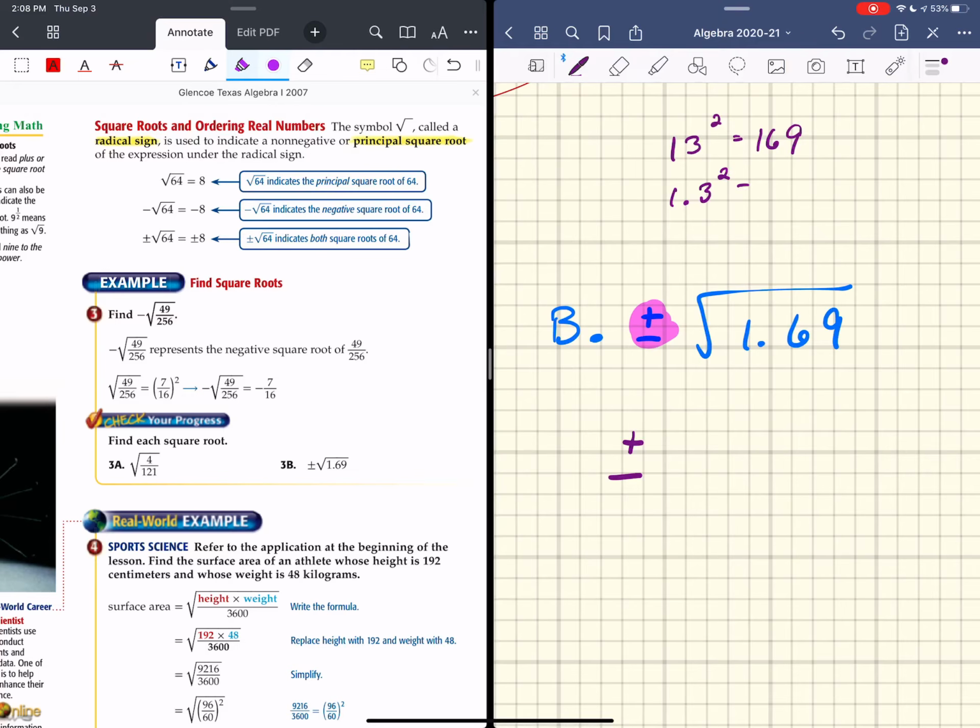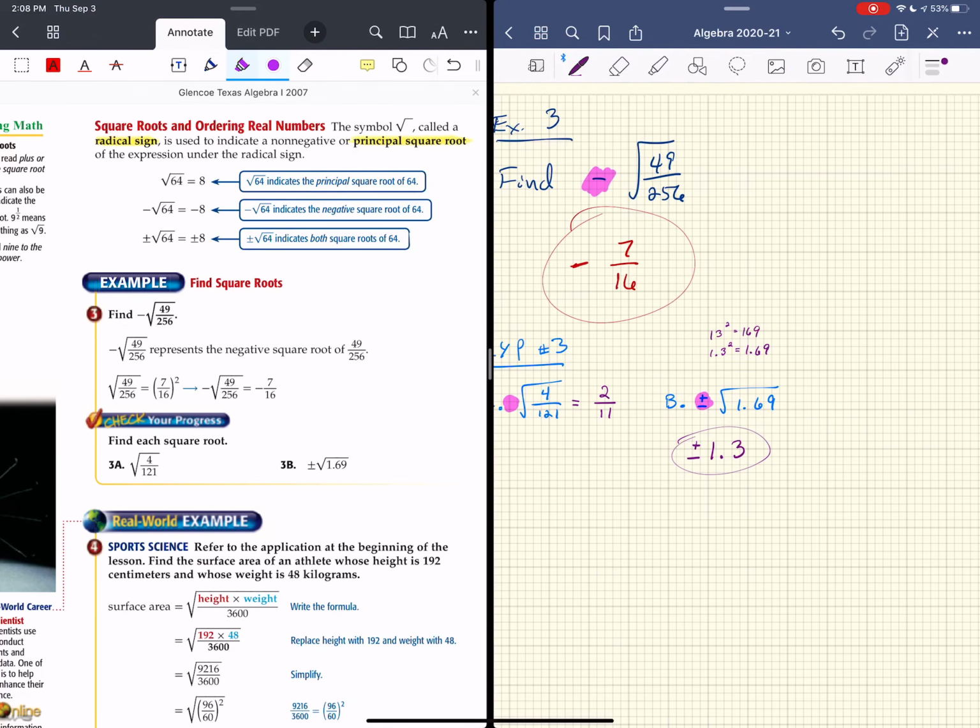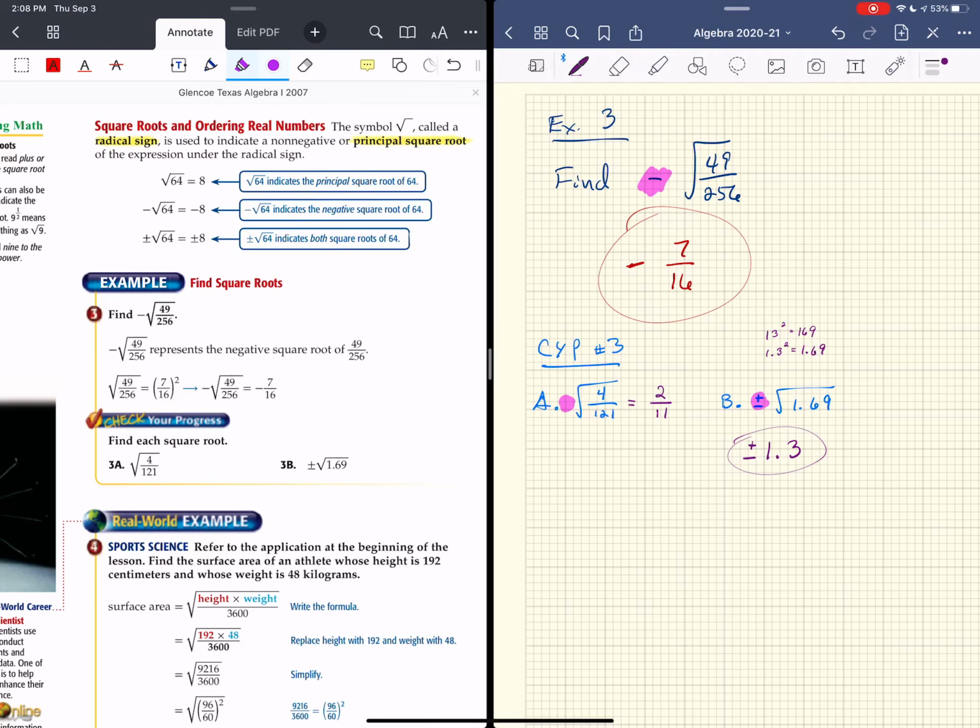And so what that must mean is that 1.3 squared, when we multiply it, that would be 2 decimal places, right, becomes 1.69. And so using your calculator or using what I just showed you, we could say, oh, okay, so that is positive or negative 1.3.